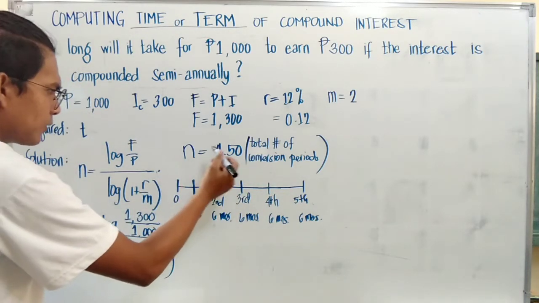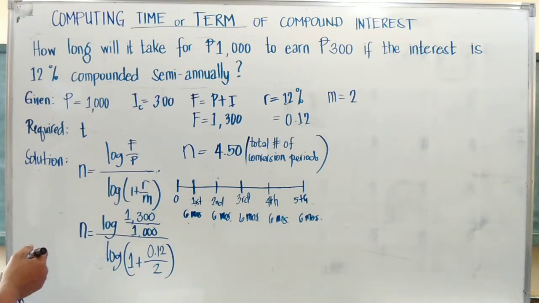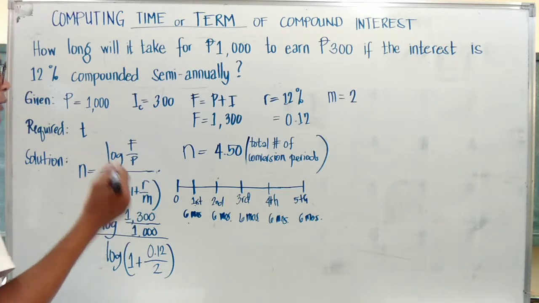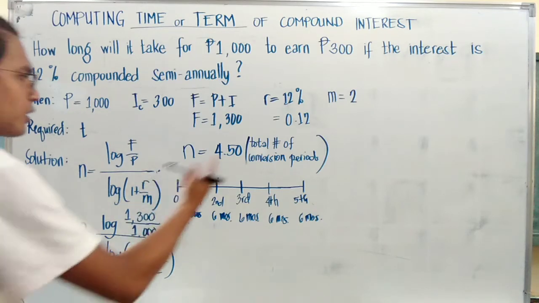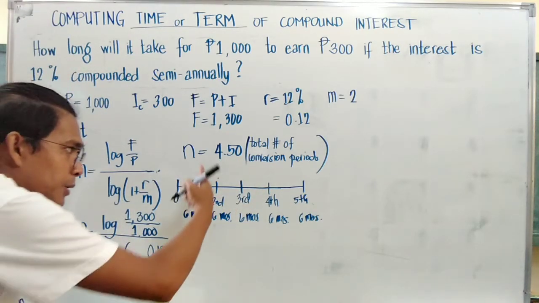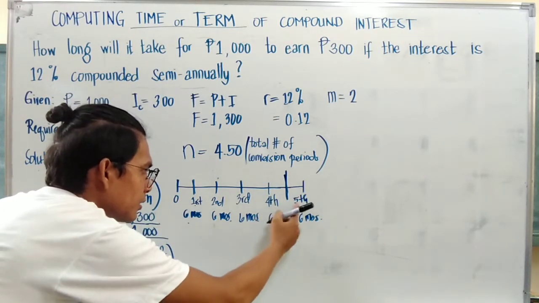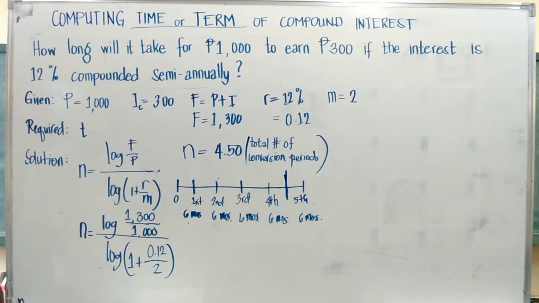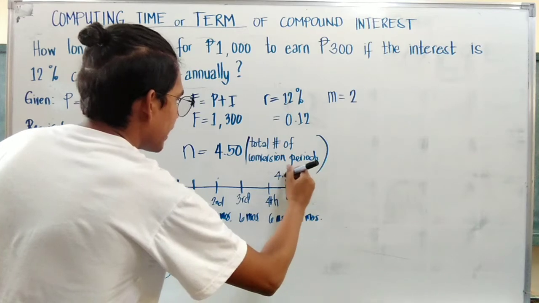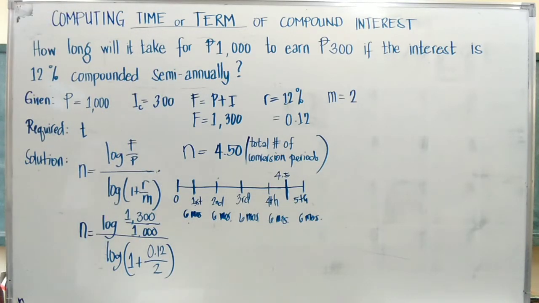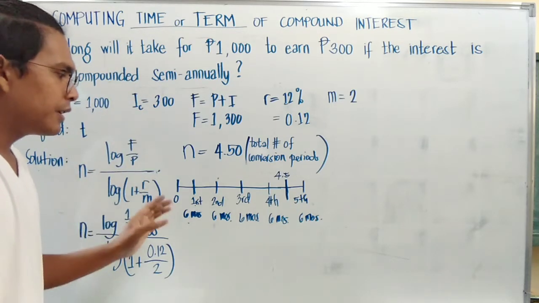So n is equal to 4.5, that is the total number of conversion periods. But again, we will rely on the frequency of conversion. From your total number of conversion, we have 4.5. So we will try to assume 4.5 is in between 4 and 5, right? So this is 4, this is 4.5. But again, the interest is compounded semi-annually or every 6 months.